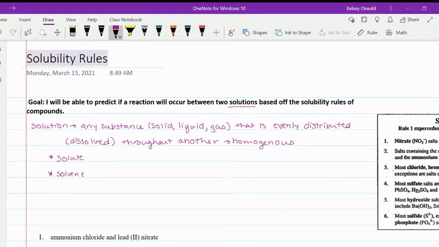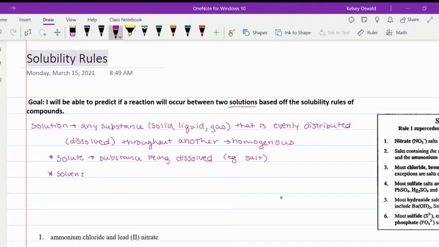The solute is the substance that is being dissolved. So if we are dissolving salt in water, our salt would be our solute. Or like sugar in your coffee, your sugar would be your solute, while your solvent would be your coffee.